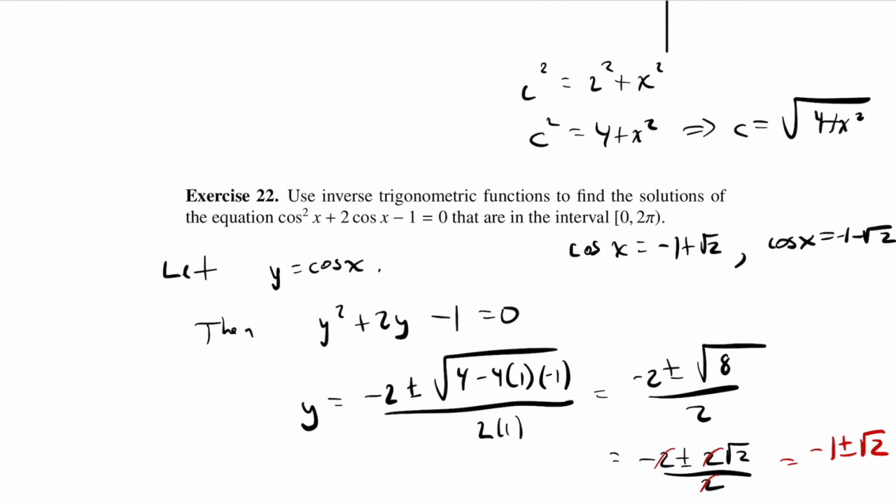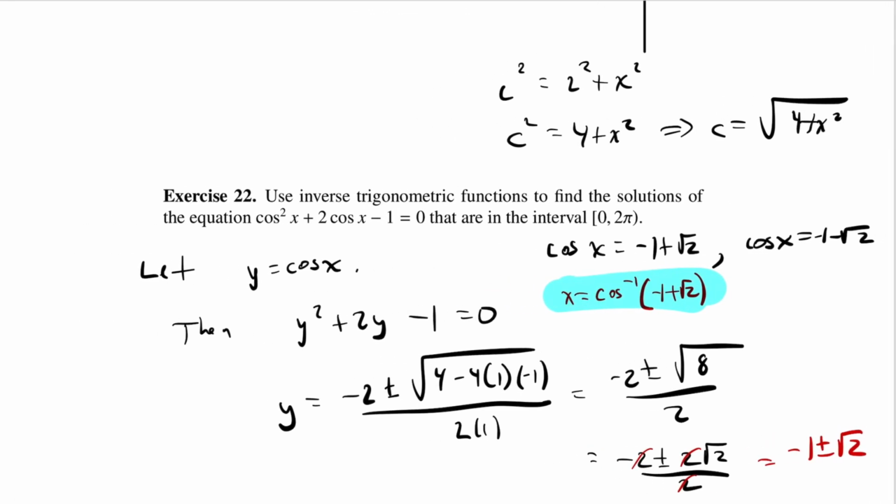So what's negative 1 plus radical 2? Negative 1 plus radical 2 is 0.41, which means this one does have a solution. So in order to find it, you would just take the inverse. So x is going to equal inverse cosine of negative 1 plus radical 2. That's the answer. We could use our calculators to find out what the degree measure of that is, but I'm going to leave it in exact form.